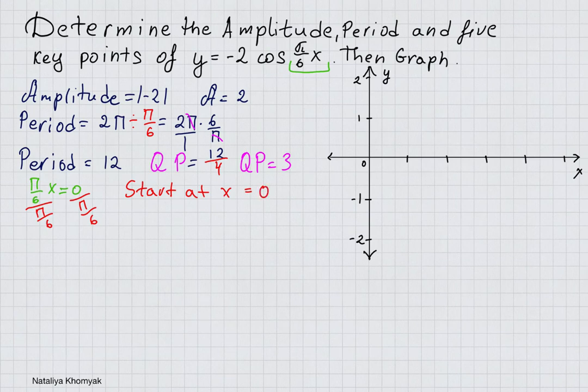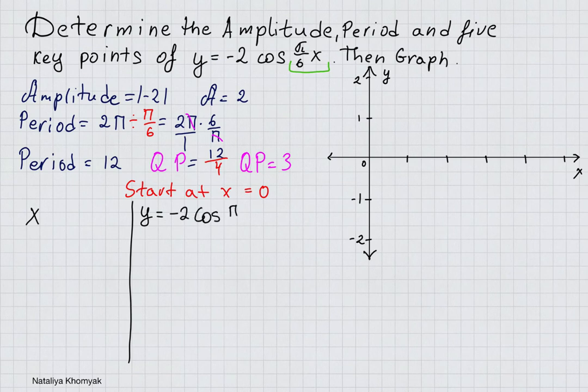Unless you see addition or subtraction, the cosine graph will begin at 0. Let's calculate our 5 key points. We need x values, and y values will be calculated by substituting x into -2 cosine of pi over 6 x.